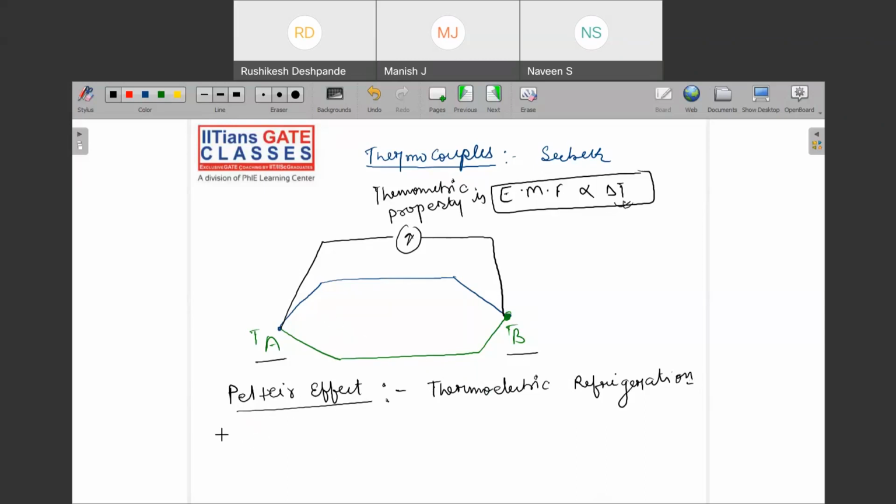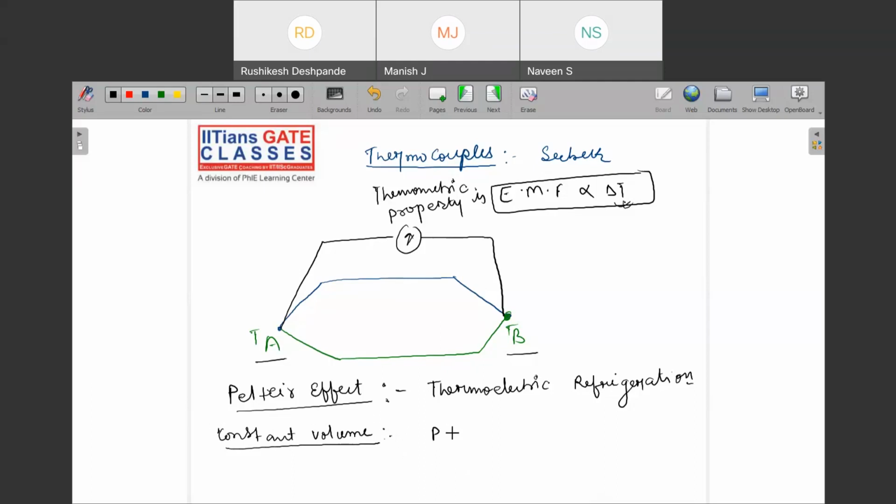Next thing is ideal gas thermometers, and one of them is the constant volume thermometer. What happens in it? We know this gas equation.